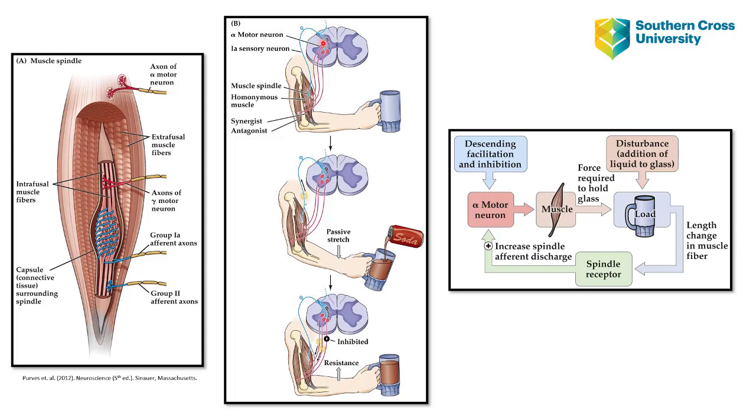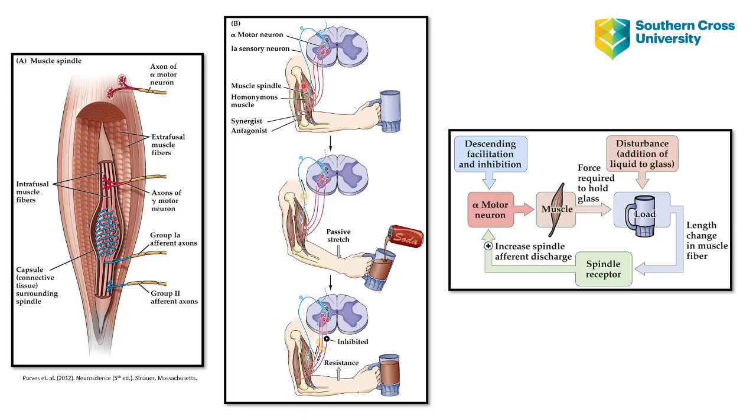Now, the first one comes onto the alpha motor neuron pool of the actual muscle that was stretched. So that's a direct positive, facilitatory effect onto the muscle. So we contract against the stretch.